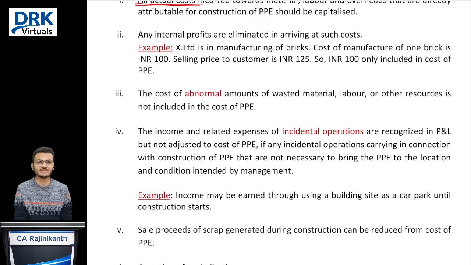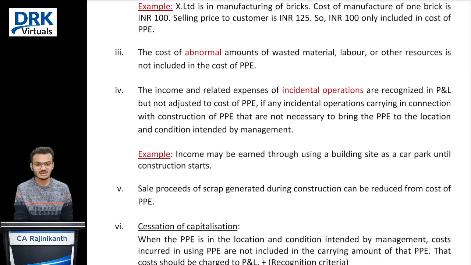In this case, 1000 into 300 or 1000 into 400, which amount should be capitalized? Standard is saying that 1000 into 300 only we should capitalize, right? That represents actual cost. If we include 1000 into 400, it means what, sir? Internal profits also we are capitalizing. But what the standard is saying, internal profits should be eliminated, right?